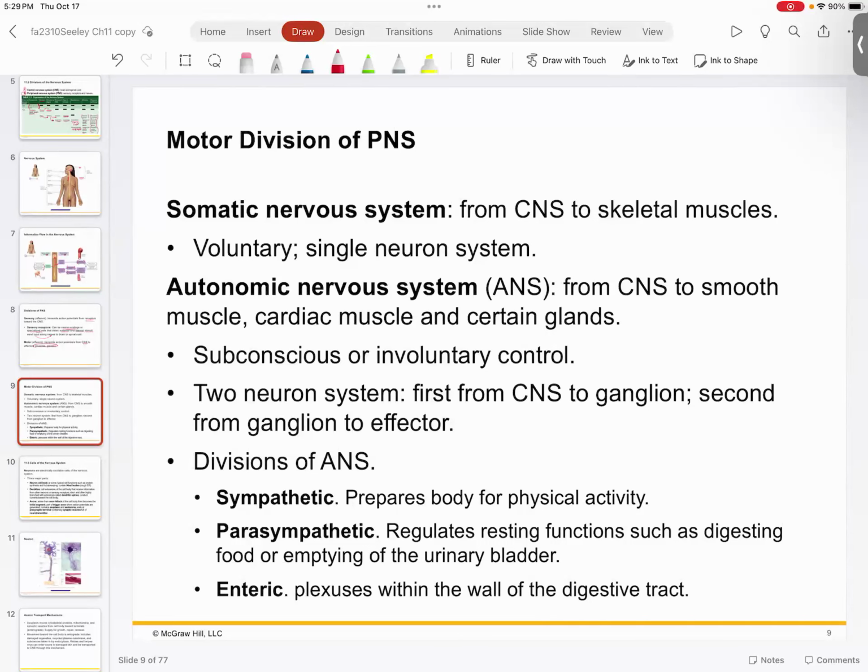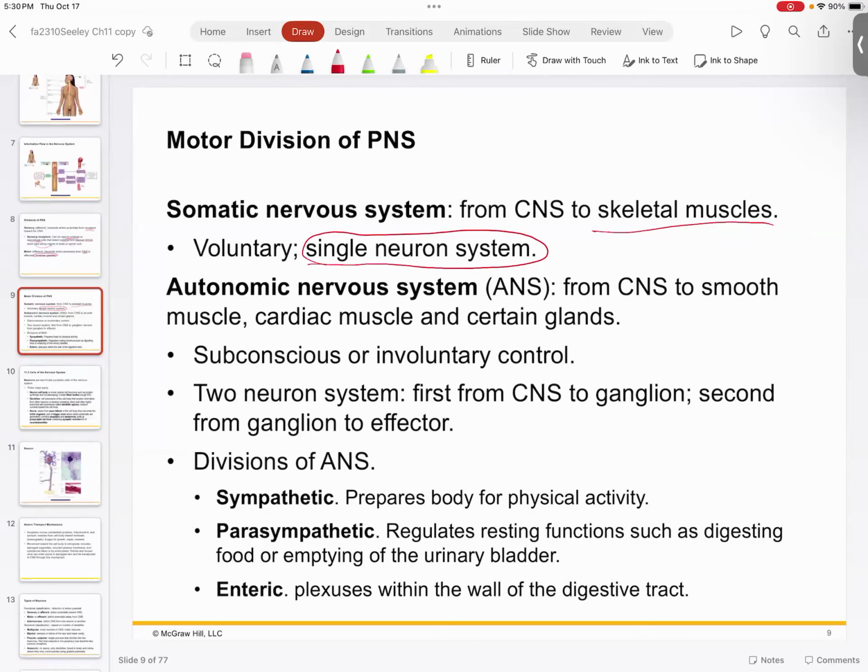When we were going through all of that work on the neuromuscular junction, a lot of that was us studying the somatic nervous system, especially the contact point between the nervous system and the skeletal muscles, the terminal target, where we actually get contraction. This is the voluntary piece, and it's typically a single neuron system. It's basically wiring all of your muscles with the appropriate nervous regulation that's necessary for correct muscle contraction.